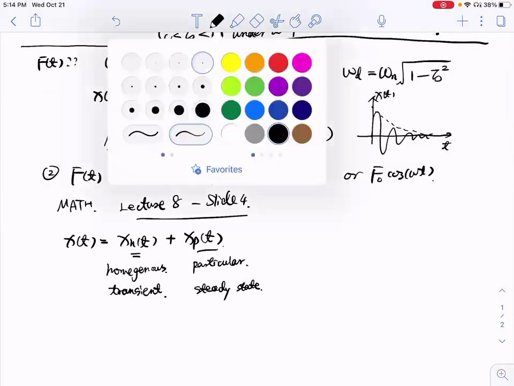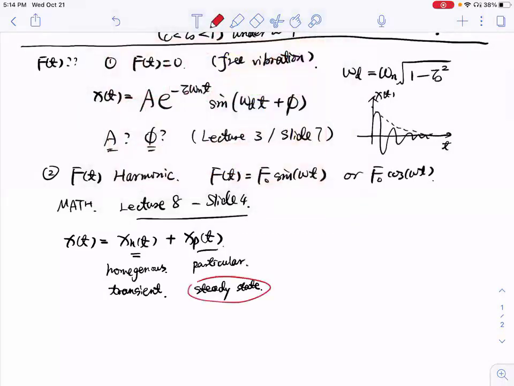So we already learned some special tricks to find the steady state. These tricks to find steady state, that's called Bode plot or transfer function. You just do Laplace transform.